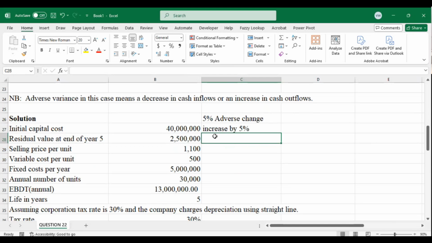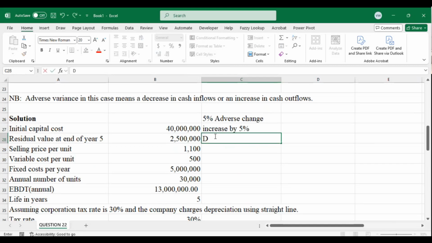If you look at the residual value, remember, it is the same as saying the salvage value. If the residual value is adverse by 5%, then we expect it to decrease because it will reduce our earnings or it will reduce the net cash flow.